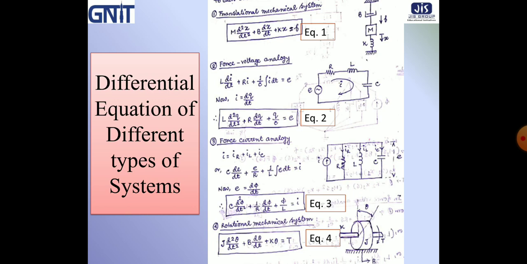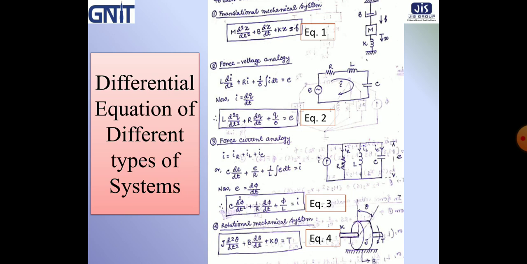Comparing them, in equation number 1 it is M, in equation number 2 it is L, in equation number 3 it is C, and in equation number 4 it is J. Similarly, in equation number 1 it is F, in equation number 2 it is E, that is voltage, in equation number 3 it is I, that is current, and in equation number 4 it is torque.